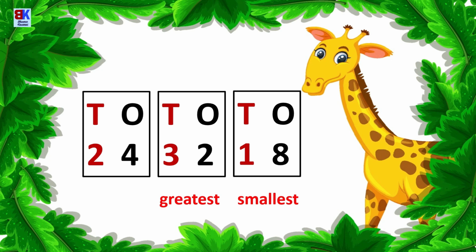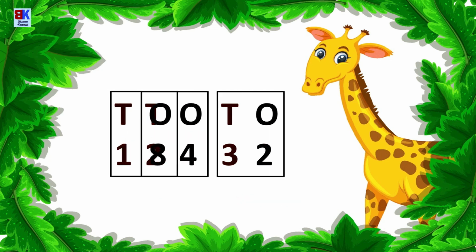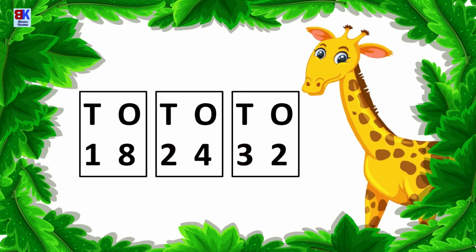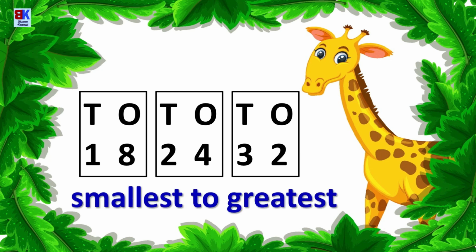Let's arrange them from smallest to greatest. 18, 24 and 32. Smallest to greatest in ascending order.